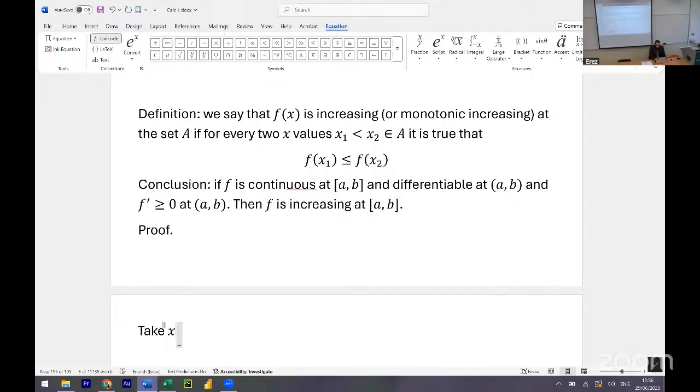Take x1, which is smaller than x2, both of which are from (A, B).